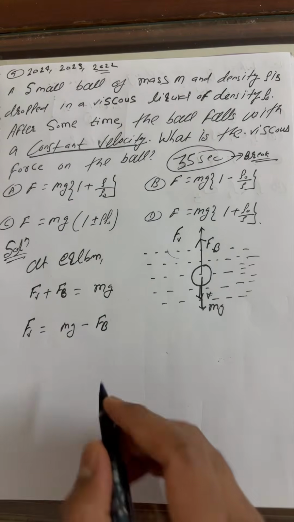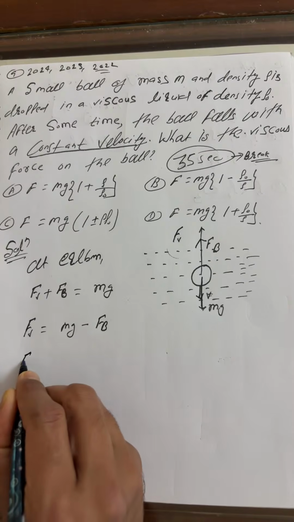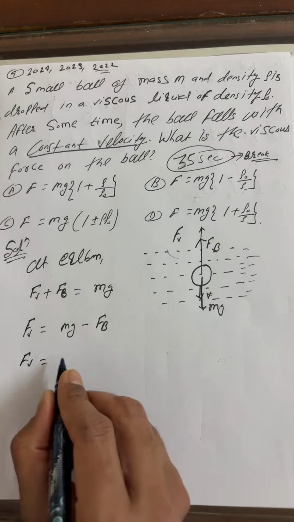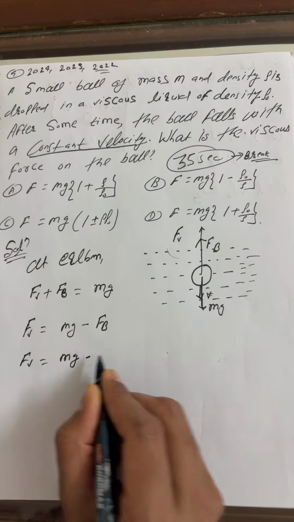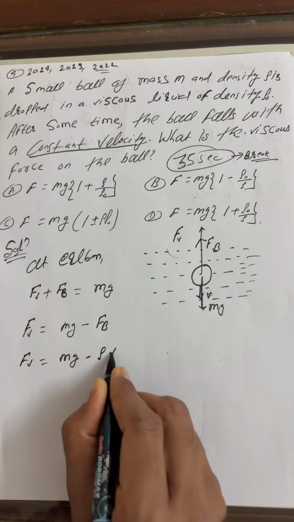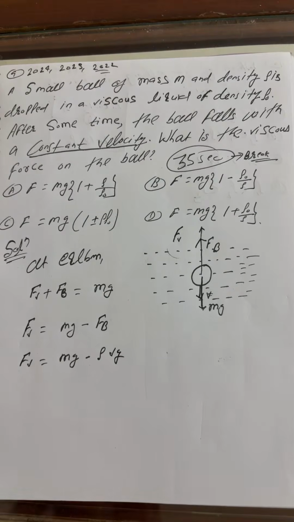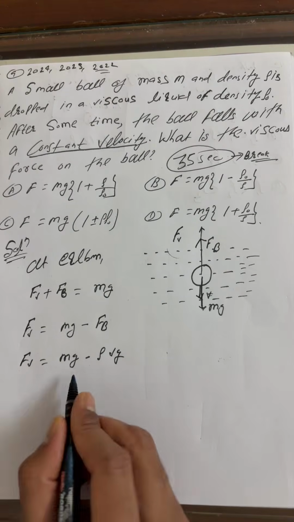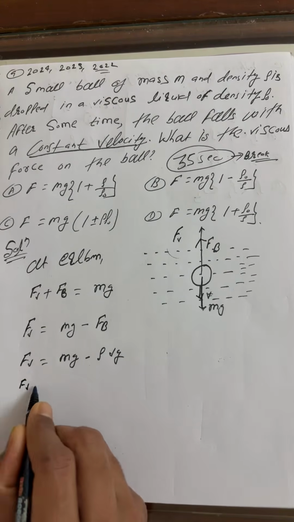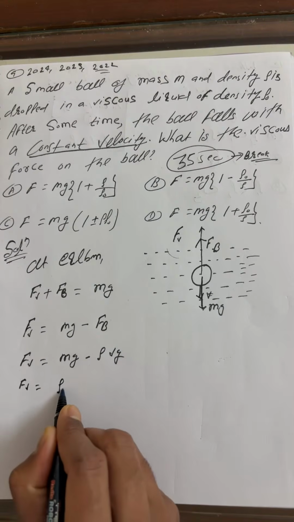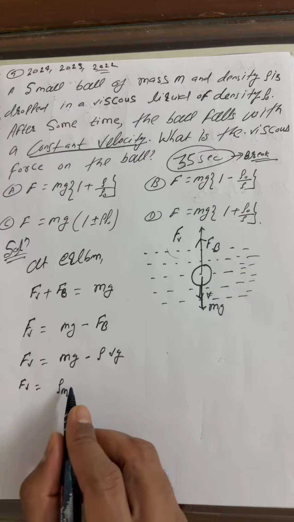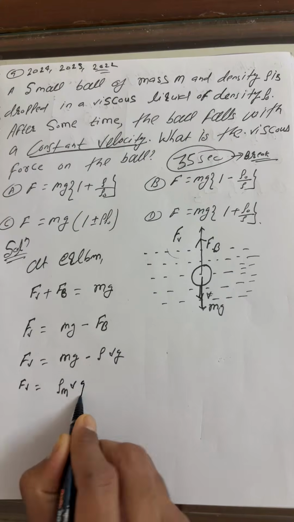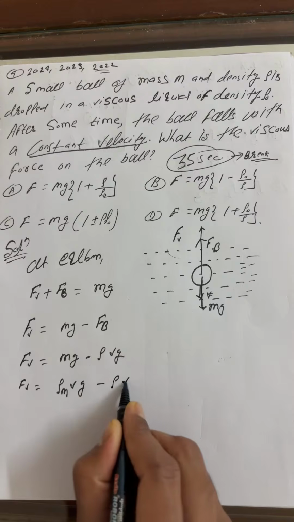So this is FV, which is mg minus FB. And what is FB? I hope all of you remember: this is rho Vg. Now you can write mass as density into volume. So it is density of the material into volume into g, minus density of the liquid into V into g.